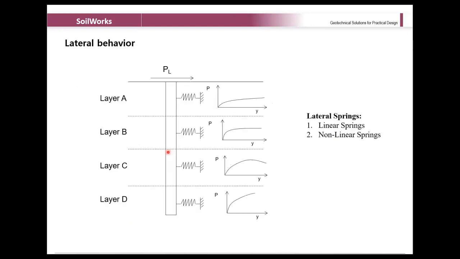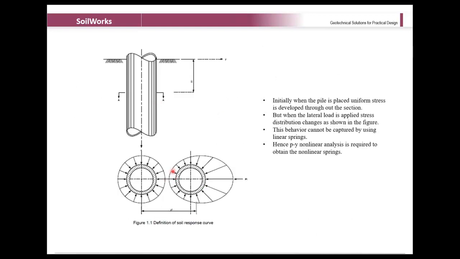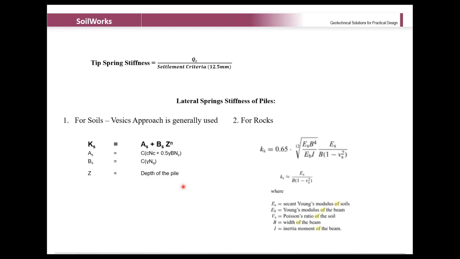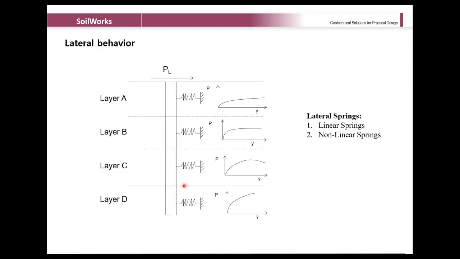But whenever you apply some lateral load, you'll have huge stress on one side of the section, and very little stress on the other side of the section. This is a very important thing which needs to be considered, and this will govern the behavior of the pile.